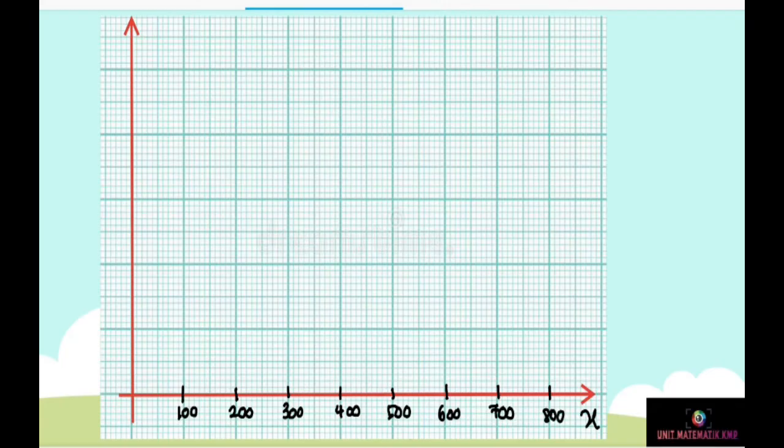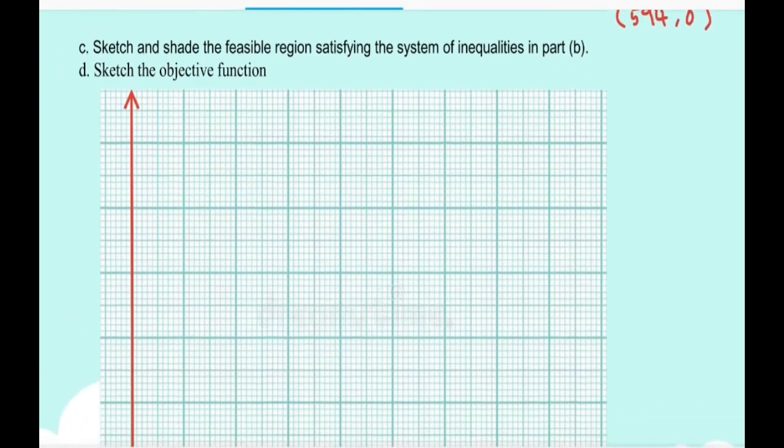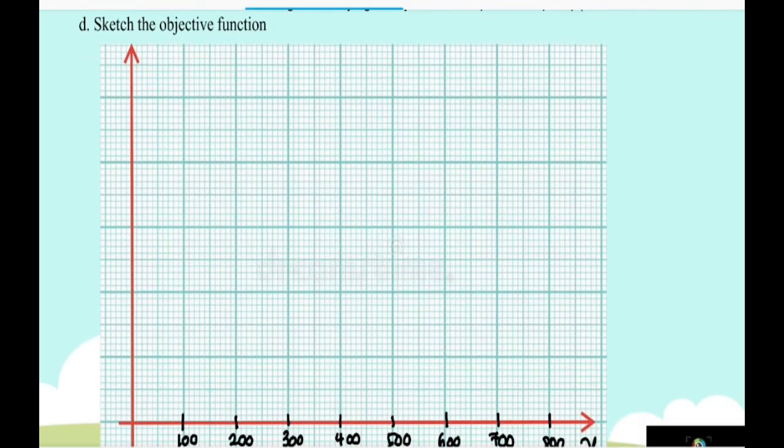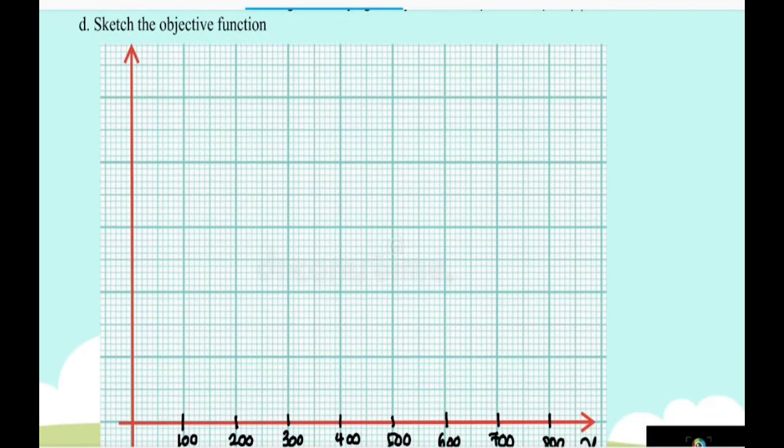And for the y-axis, we need a bigger scale because the highest number is 1320. So we can use 400, 800, 1200, and 1600.